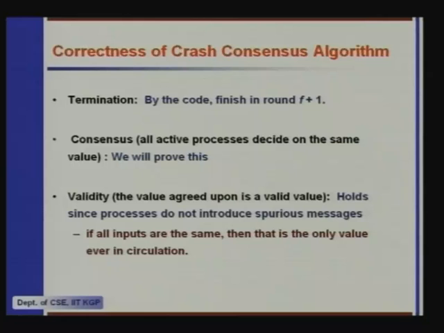And if all of the values in all processes are the same, then that is the only value ever in circulation. So, if all the values were initially the same, they will always agree upon that value only. This is the validity requirement, which the algorithm satisfies.